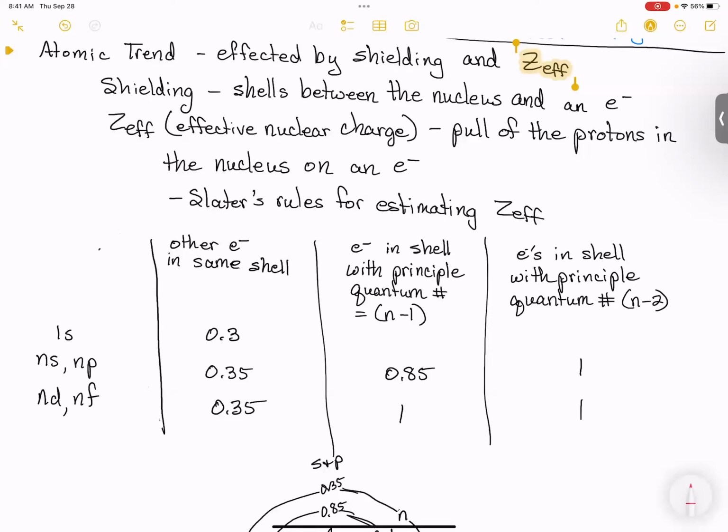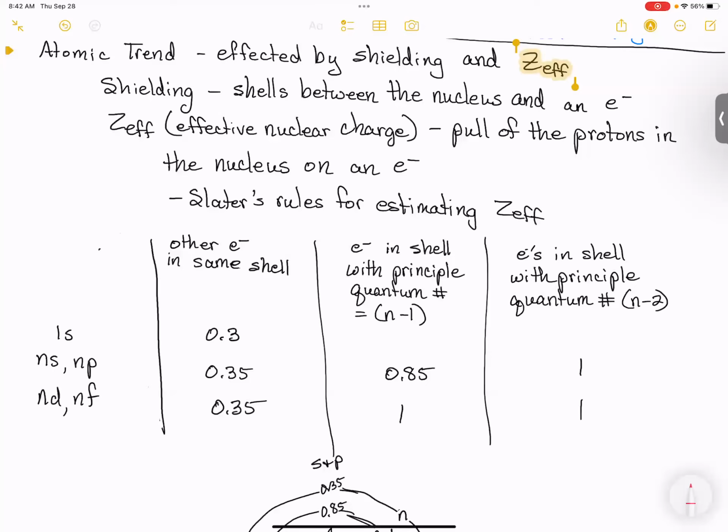But as we grow our atoms so that we have a second shell, once you grow your atom to have that second shell, now that first shell provides a wall. It's a wall between the nucleus and these outer electrons. So the shell provides the wall.